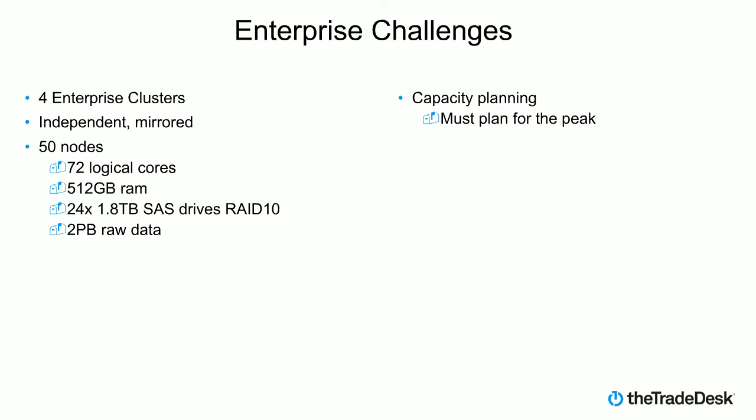And what we tended to do is, our plans, our estimates were very conservative. So we overbought in a lot of cases. And not only that, we had to plan for the peak. So we're planning for those number of hours in the early morning when we had all those reports to run.